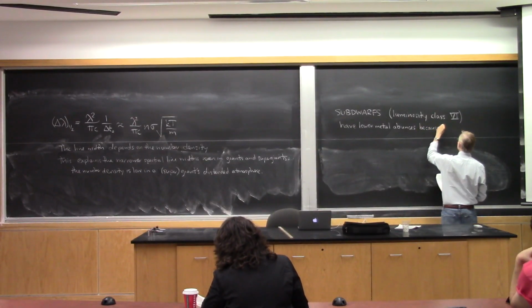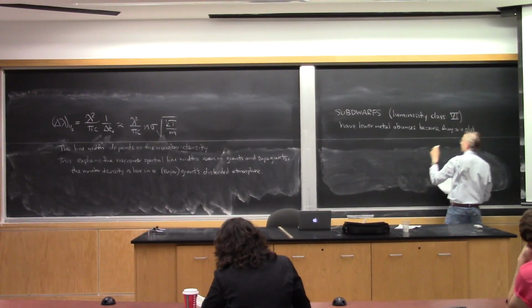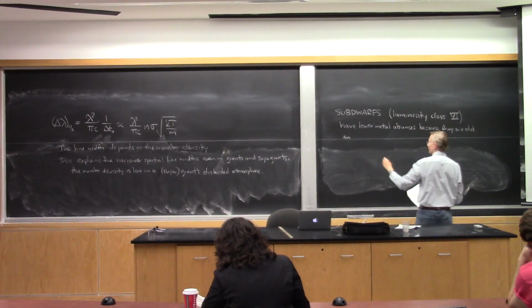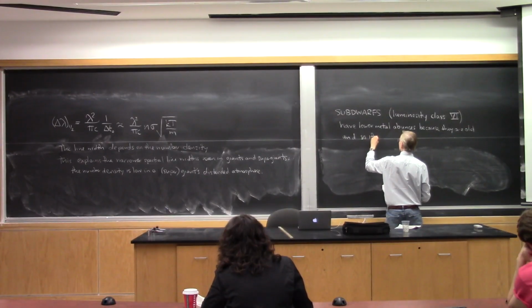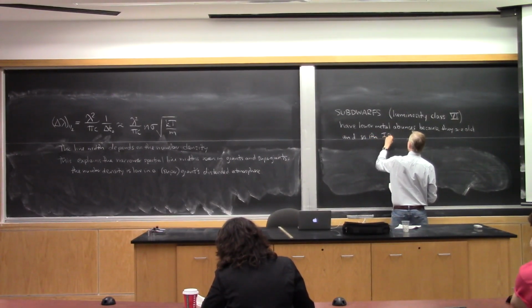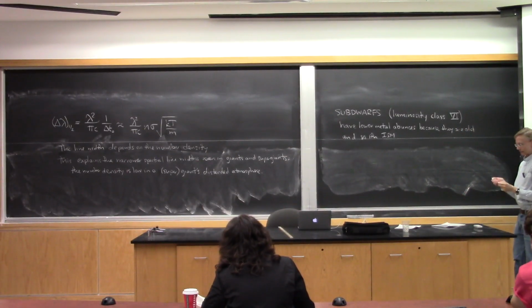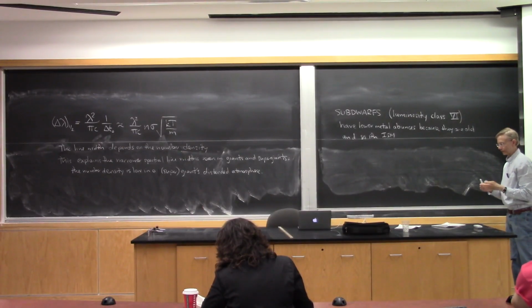Because they are old, and so the interstellar medium was not so enriched when they were born. And so the ISM, which stands for interstellar medium, had not been very much enriched in metals when they were born.